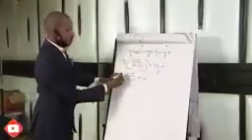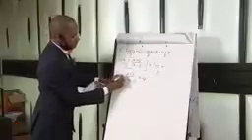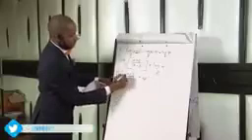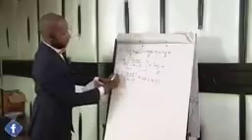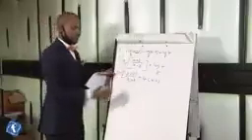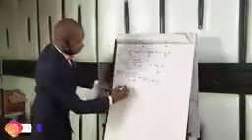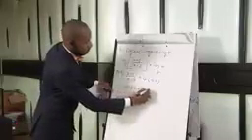Therefore, you cross multiply both sides by x minus 3. When you multiply this by x minus 3, the x minus 3 will cancel. You remain with x plus 5 equals 4 into x minus 3.